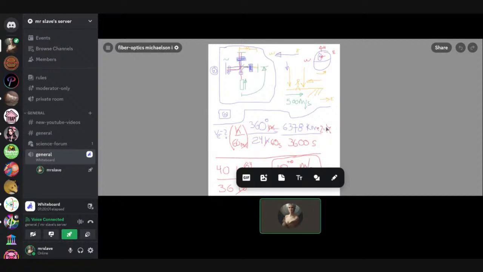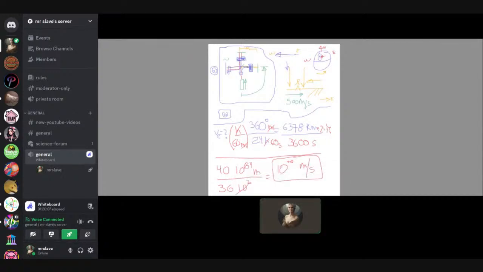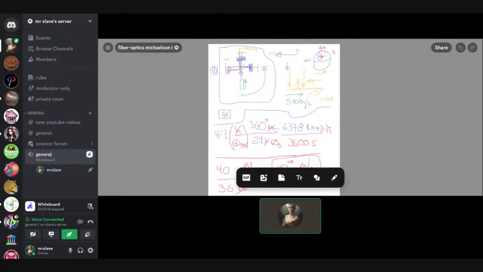It's about 40 million. It's exactly 40 million divided by 3,600. It's 11. Yeah, so 11 kilometers per second, just like the ether. It's amazing this is the same number.